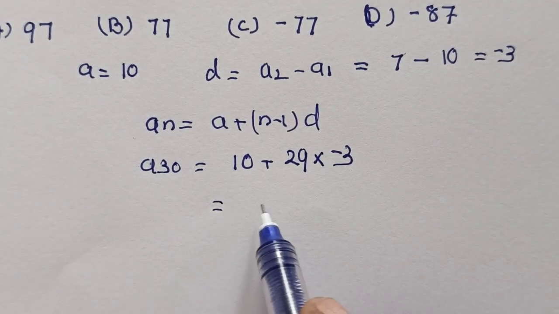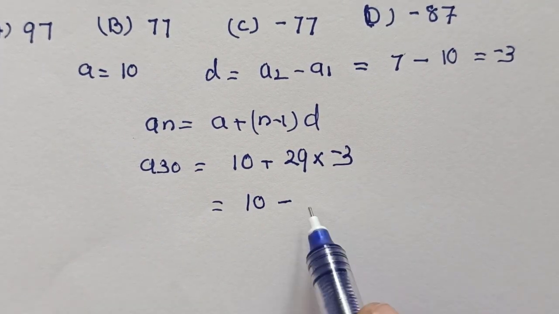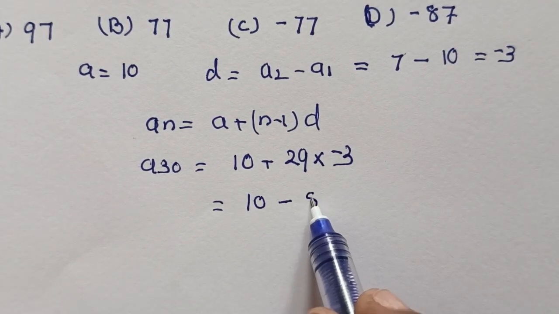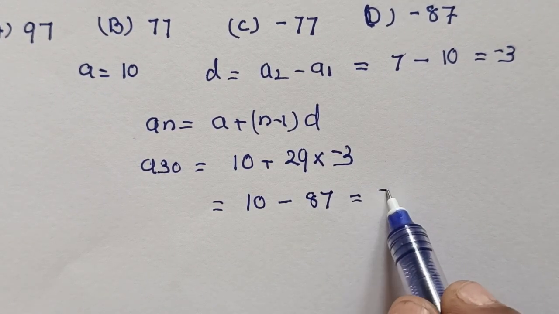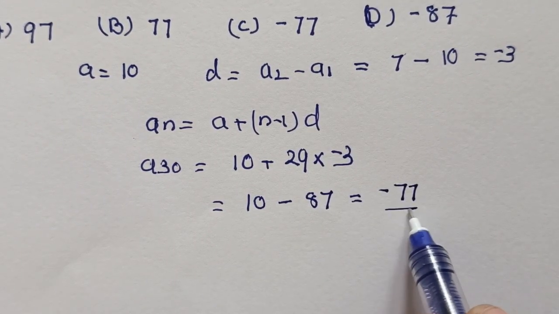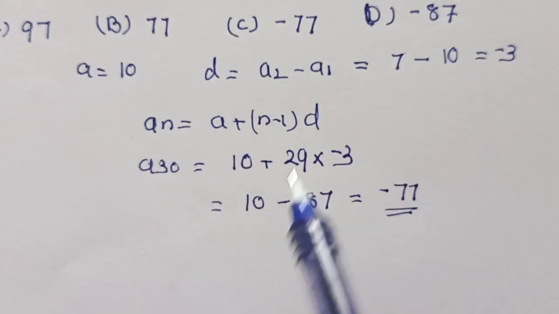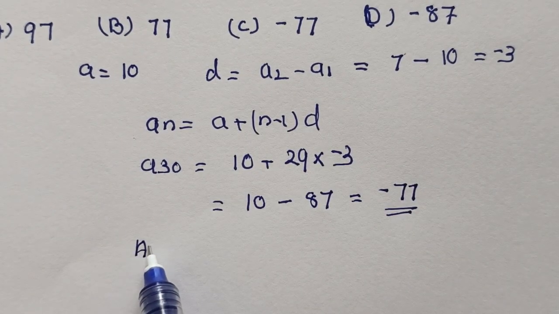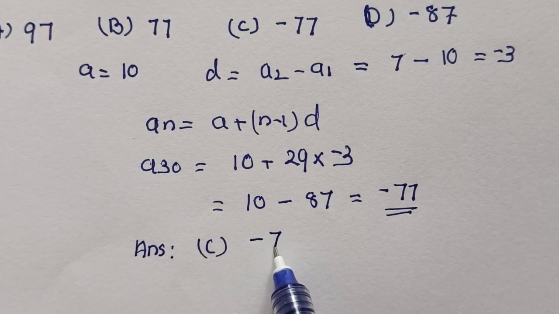That is equal to 10 minus 29 into 3. 29 into 3 is 87. Therefore 10 minus 87 equal to minus 77. And here minus 77 is option C. So the answer is option C, minus 77.